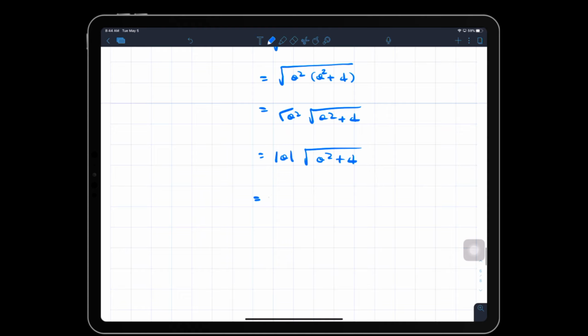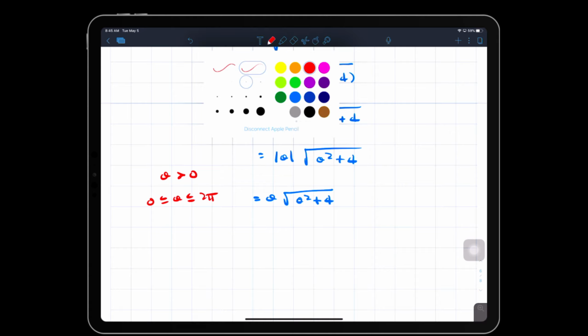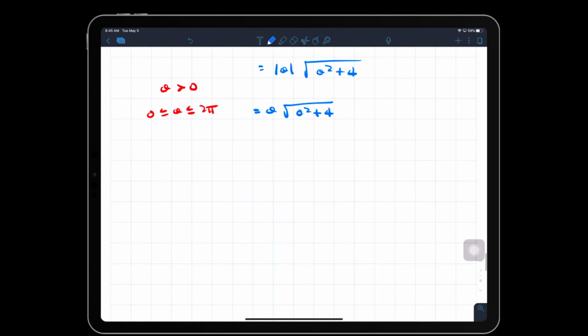So this really means I have theta square root theta squared plus 4, right? Theta is positive. It's between 0 and 2 pi. That's what they told us. So all we have to do, ladies and gentlemen, is integrate from 0 to 2 pi theta square root theta squared plus 4 d theta, arc length.